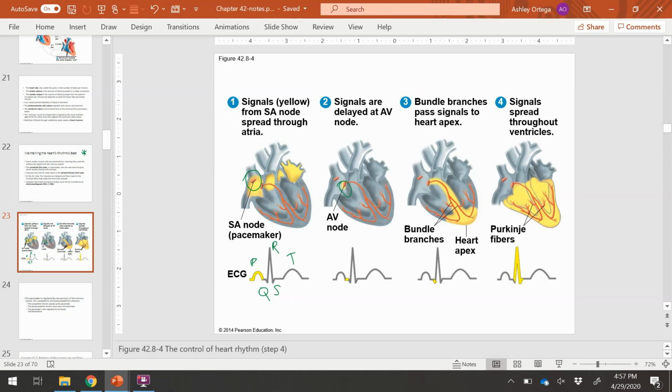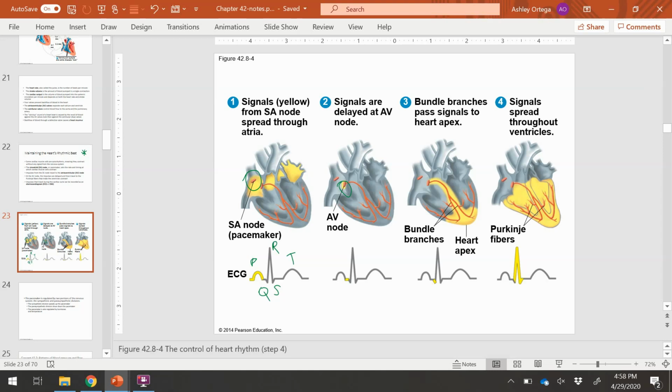That is abbreviated as the P interval. Then there's a Q interval, that is when the signals are delayed at the AV node. The R interval is going to be when the signal is spread throughout the ventricles.